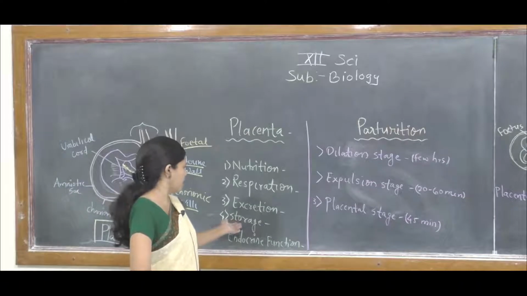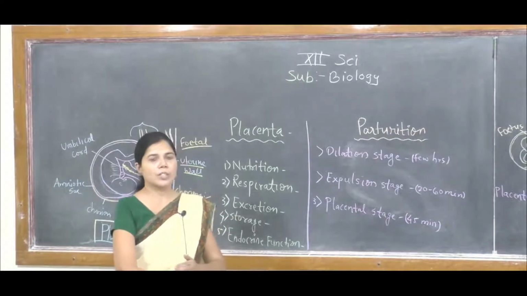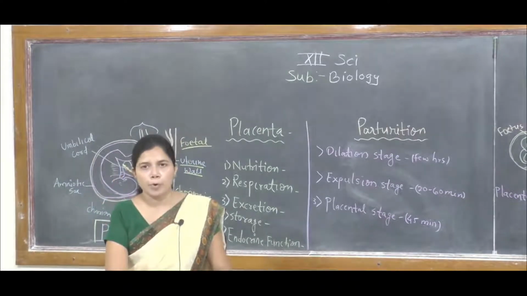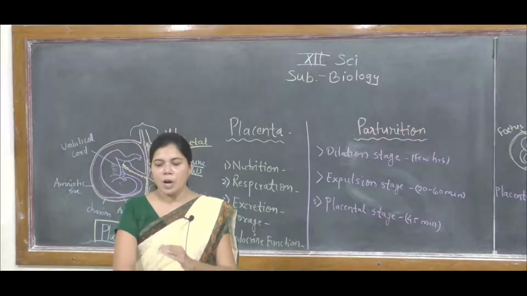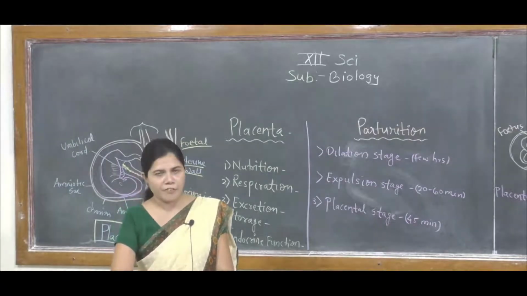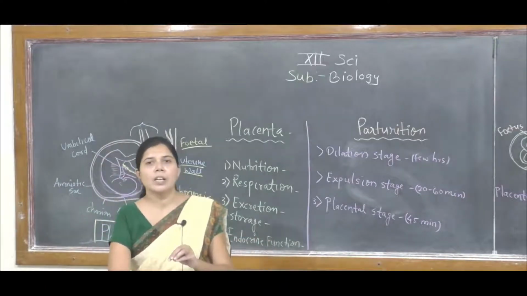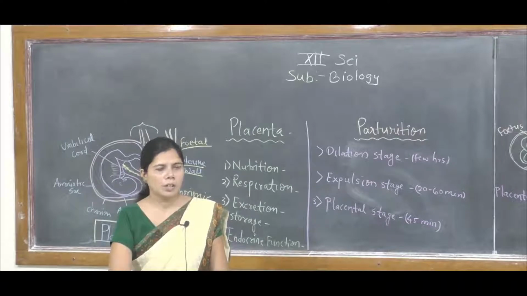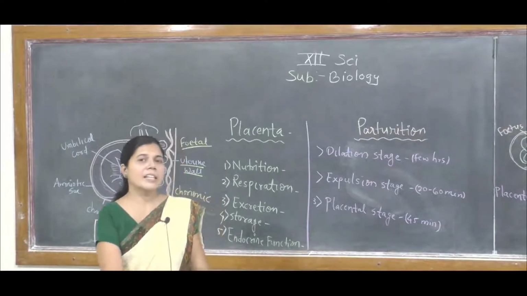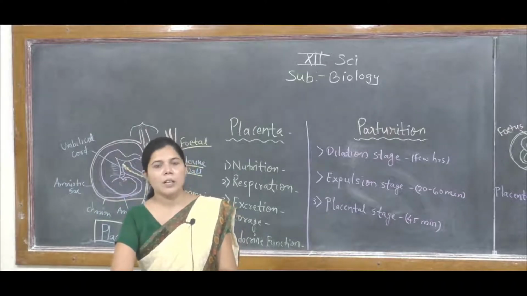Again, the placenta acts as storage. Glycogen, protein and fats are stored in the placenta and provided to the fetus. As well, it acts as a barrier, a good barrier.